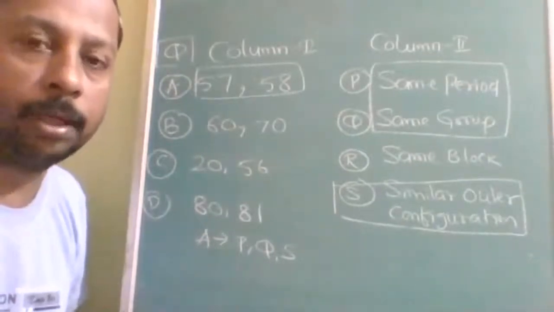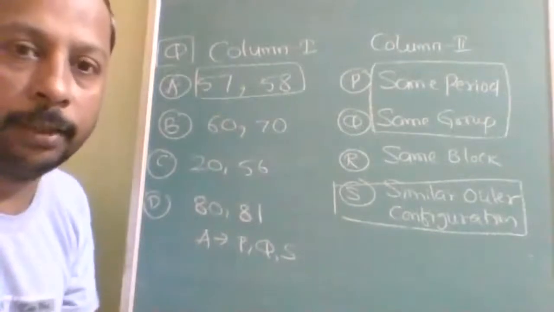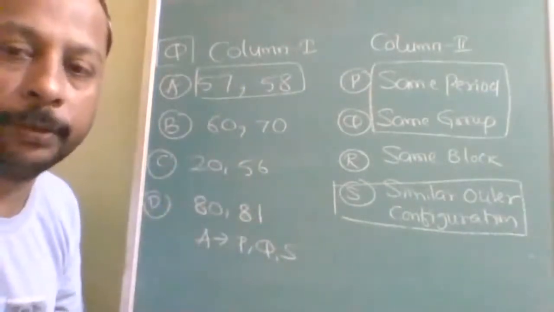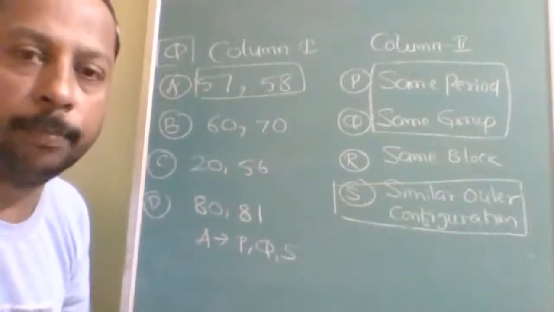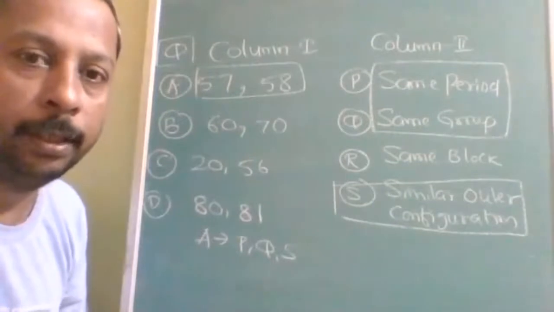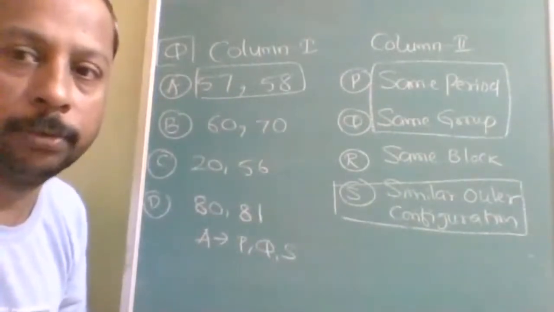Is it understood how the confusion is created? So accordingly you can think on that in the B, C, D options also. Okay, let's check, is there any improvement or correction in your previous answer? A answer is PQS. Why is it PQS? Is it understood now?